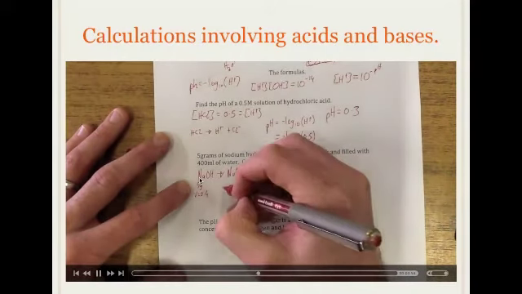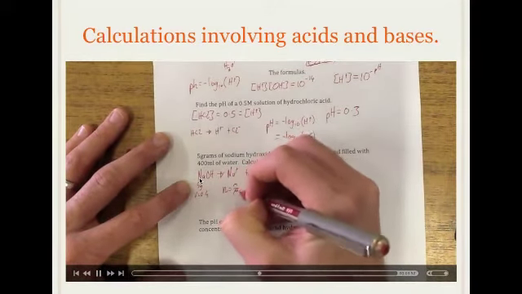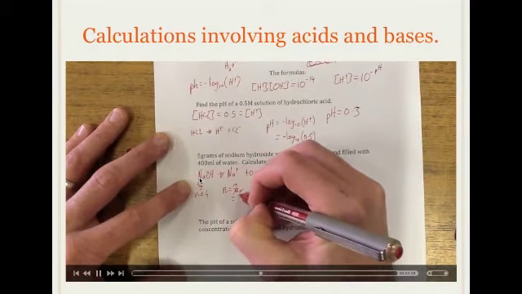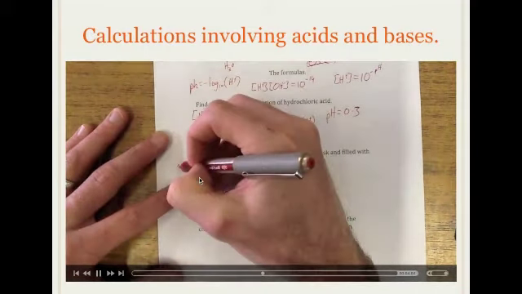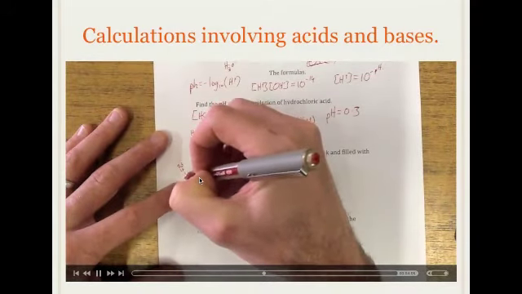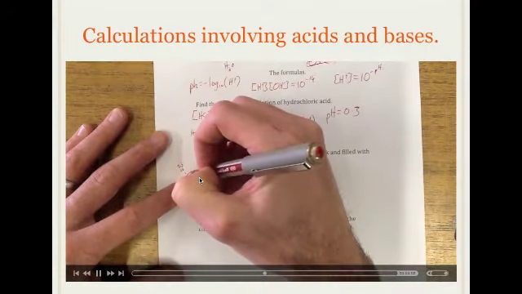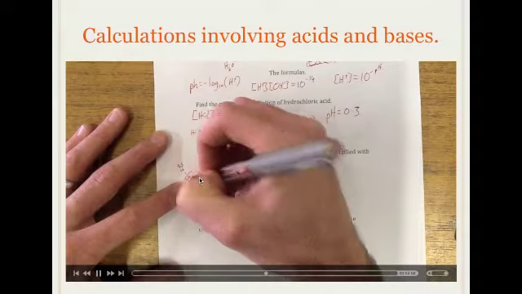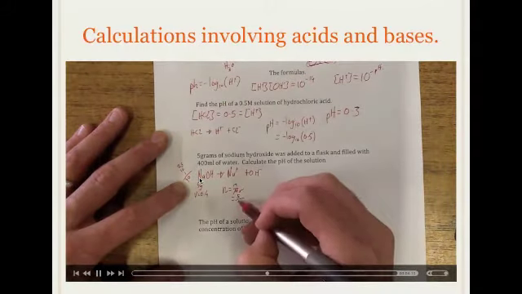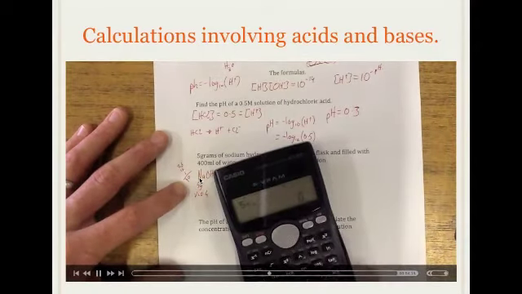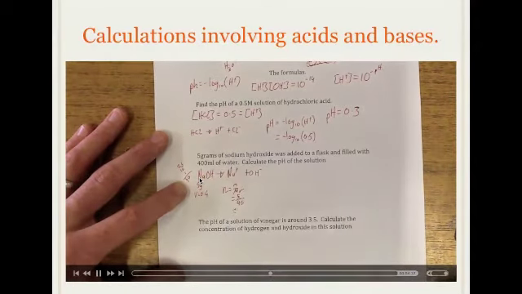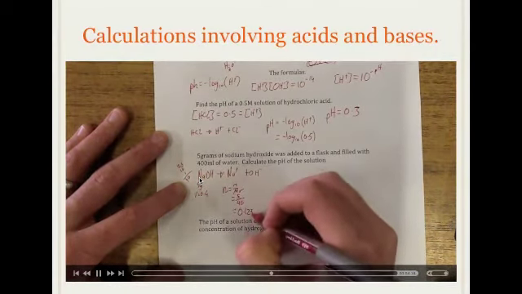Number of mole equals m over Mr, which equals 5 divided by the molar mass of that, which is 23 plus 16 plus 1, which is 40. 5 divided by 40 equals 0.125 mole.